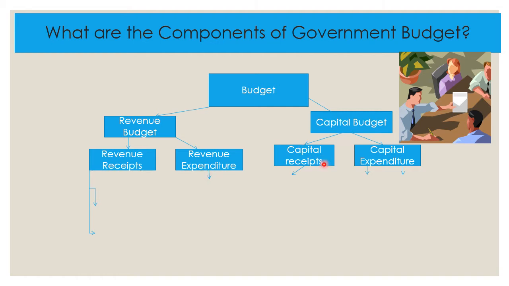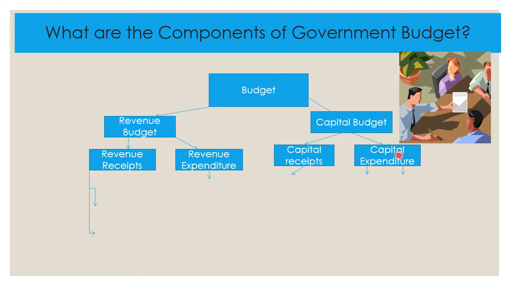Likewise, in the case of capital receipts, there will be reduction in assets, because when the government sells an asset, the money received is expected to be put in this category. And there will be creation of liability, because borrowings also will be included here. So we say in capital receipts, there is reduction in assets and creation of liability.